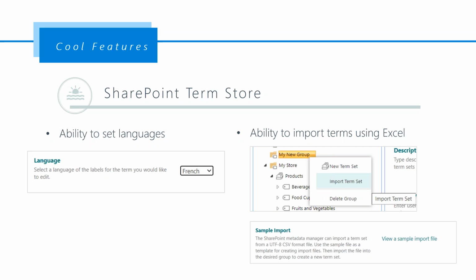SharePoint gives you an option to import the terms using an Excel file. They provided a sample import file, and you can download that in the term store and just follow the format, and then right click on the group and import the term set using that Excel file.